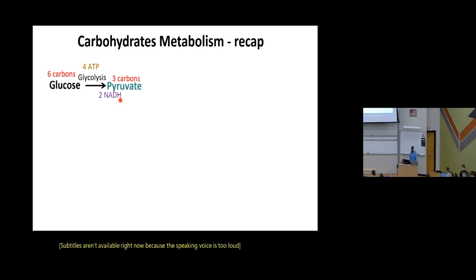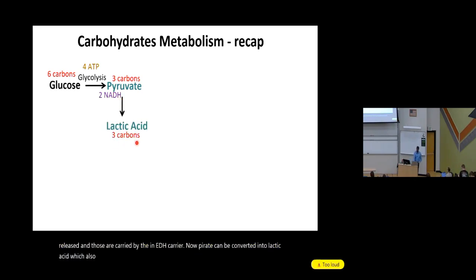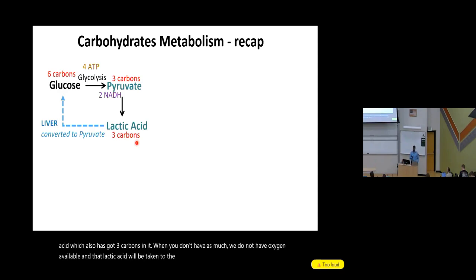Now pyruvate can be converted into lactic acid, which also has 3 carbons in it, when we don't have oxygen available. That lactic acid will be taken to the liver where it will undergo gluconeogenesis. Lactic acid will be turned back into pyruvate, which will again be turned back into glucose.